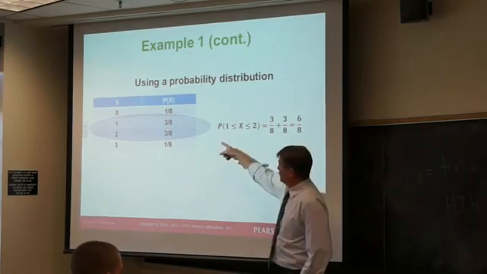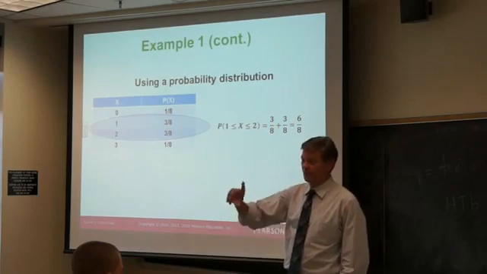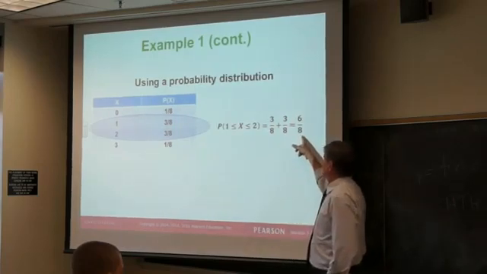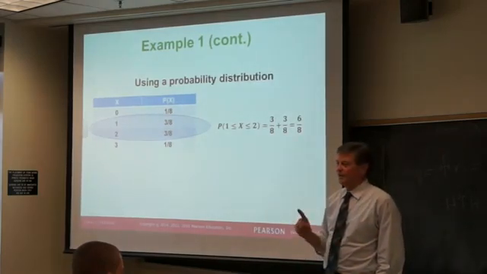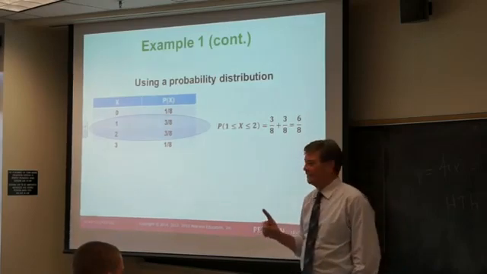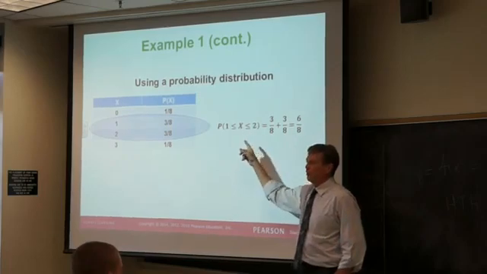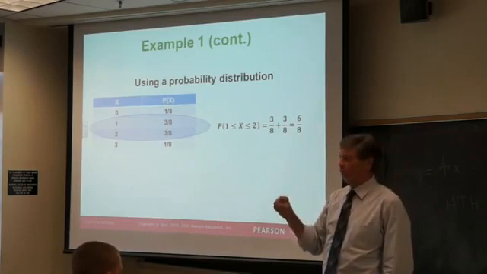Well, you go to the table and you find 2 entries, 1 and 2. Now add those together and I get 6/8. Now I make an assumption here. Anybody catch me on this? This is really equivalent to saying x is equal to 1 or x is equal to 2. Does that sound familiar? That or?